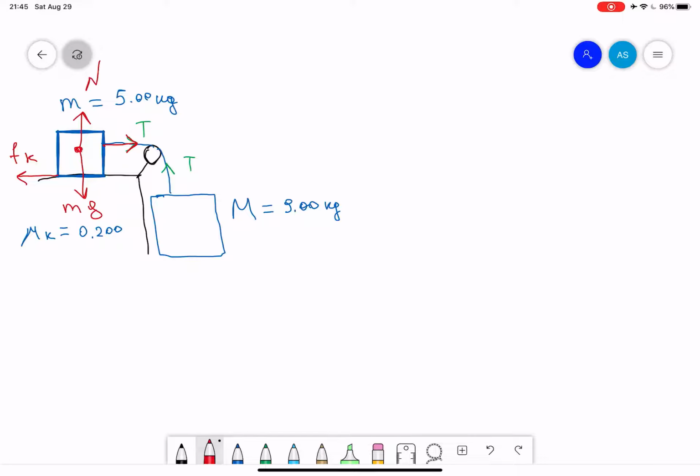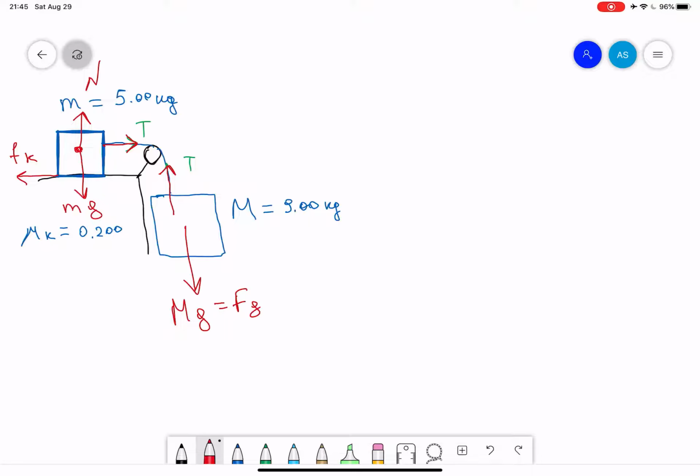For the second object, we have a tension, then Fg, which is capital M times g.